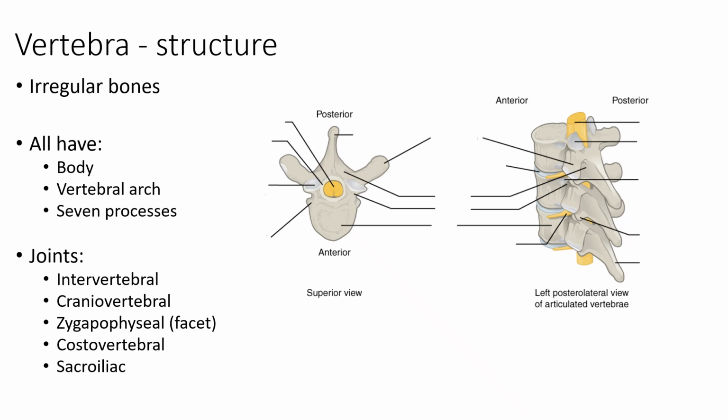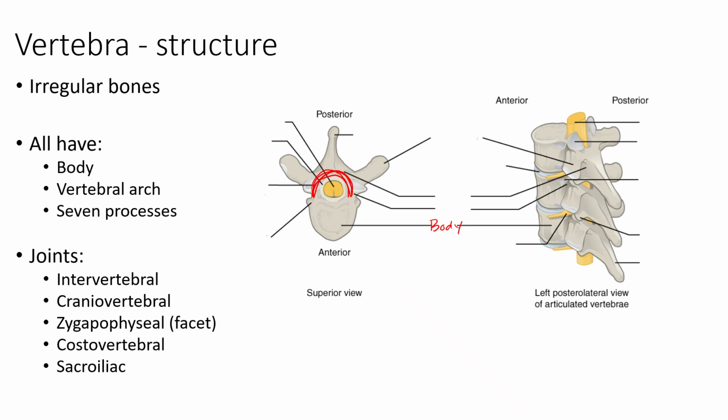But these ones are considered irregular because, I mean, just look at them. They all have a body to them, they all have an arch, and they all have 7 processes. That's the things that they have all in common. So they have a body, and they have the vertebral arch, which is this whole structure right here.